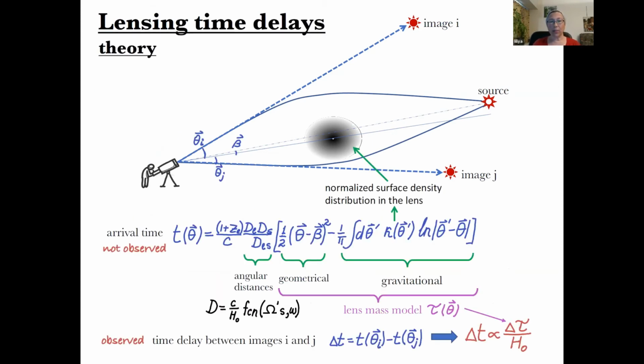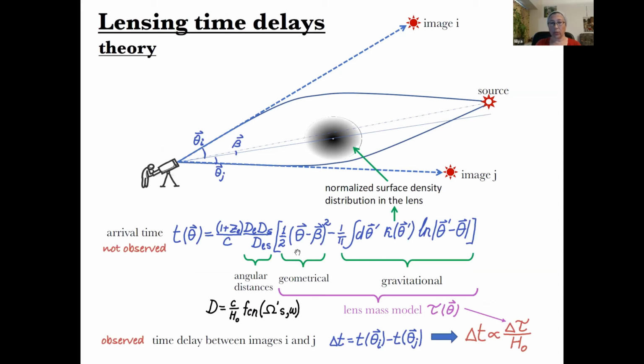So to make it slightly more quantitative, I have now labeled in the diagram above right here the position of the source, which is beta, and all these are with respect to the optical axis, which is defined as connecting the observer and the center of the lens. So there's the position of the source and images I and J. So this arrival time can be written down as a combination of the 2 terms.